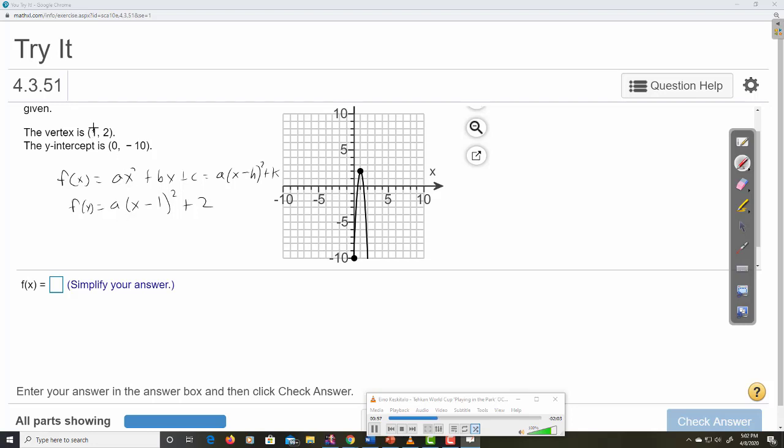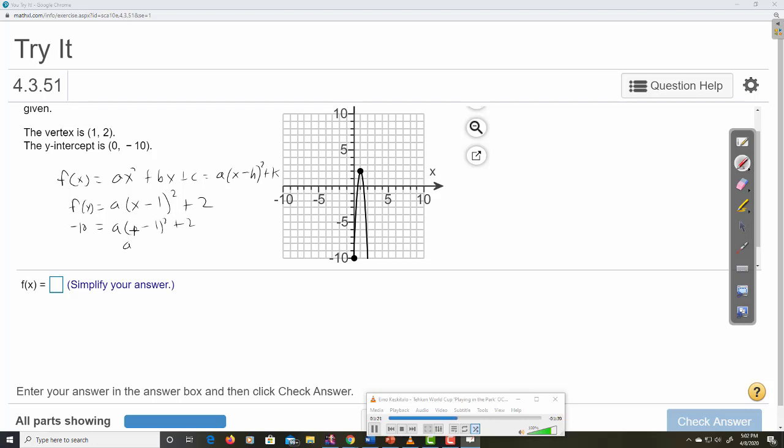The vertex isn't helpful anymore, because if I plug in those points for x and y, I get 1 minus 1 is 0, and 2. I get 2 equals 2, which is true, but it doesn't tell me anything. But that's what the other point is for. If you use this point, -10 equals a times 0 minus 1 squared plus 2.